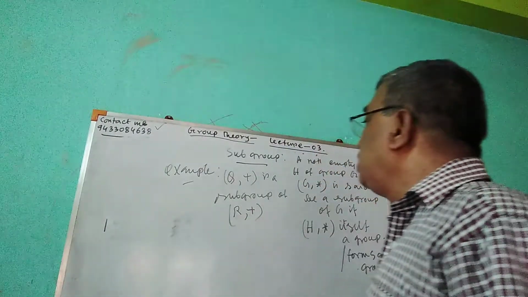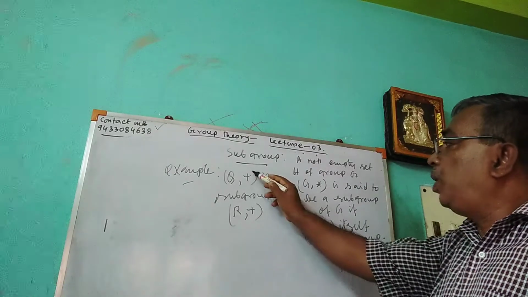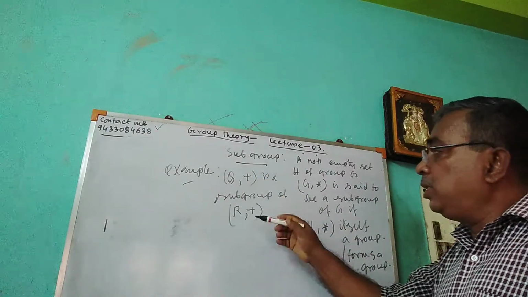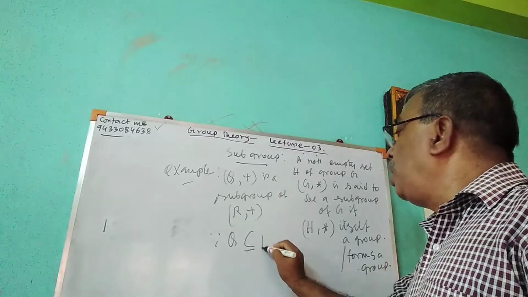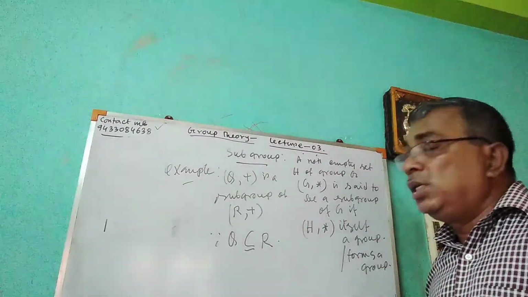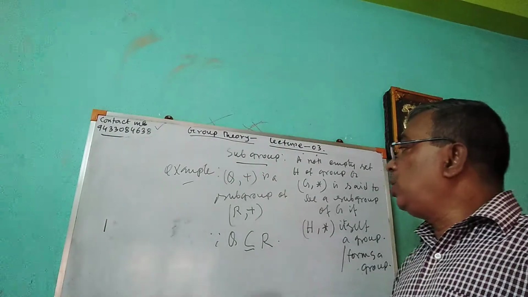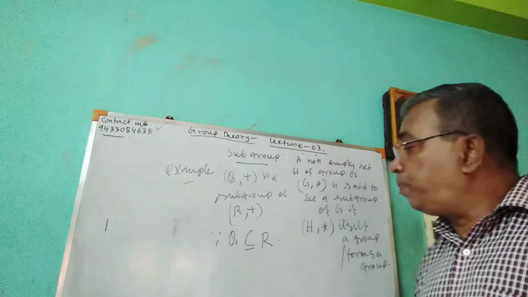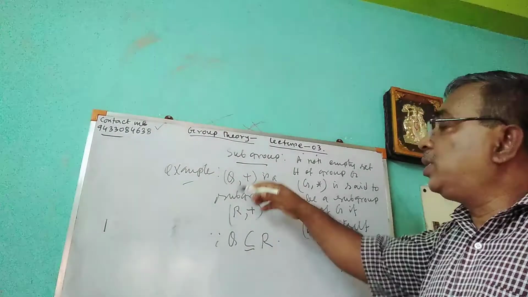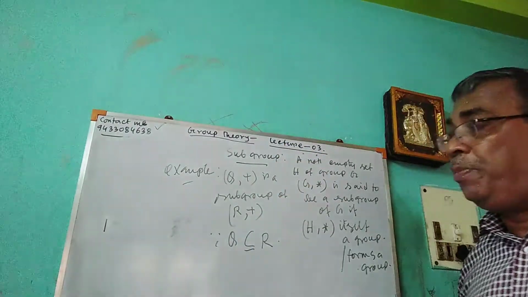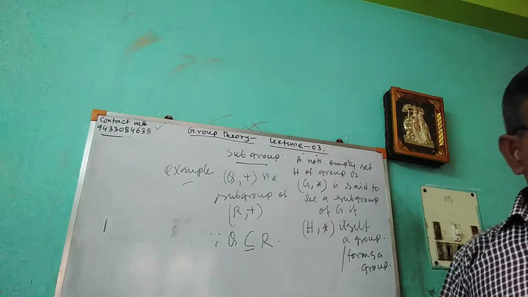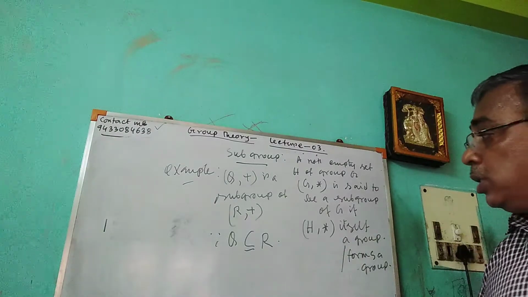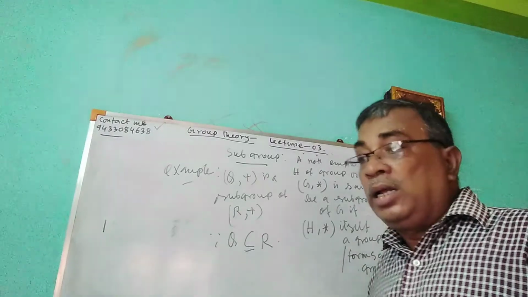Both are groups: Q plus is itself a group, and R plus is a group, since Q is a subset of R. So we can say Q plus is a subgroup of R plus because Q is a subset of R. So this is enough for a subgroup.